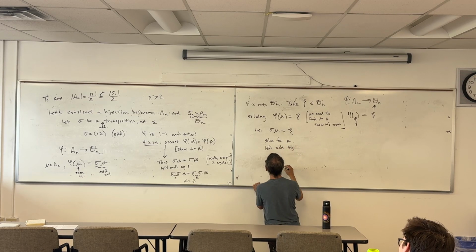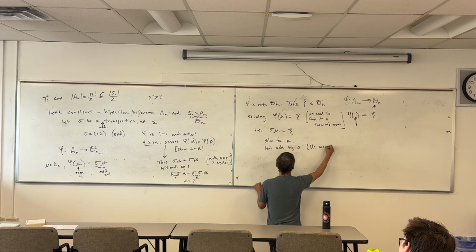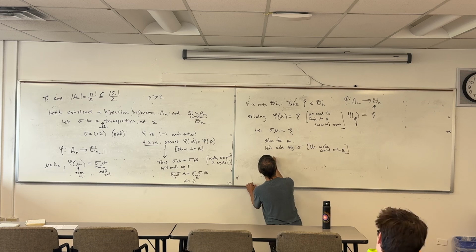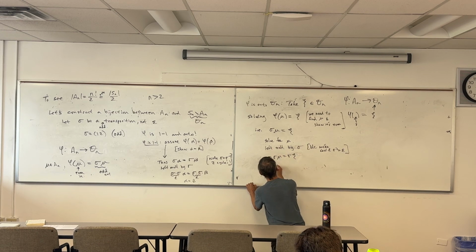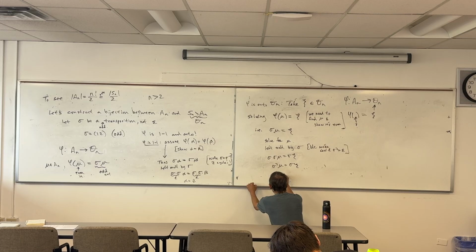Or yes, by sigma, because we're cool, and sigma squared is the identity. So what I get here is sigma mu equals sigma c, sigma squared mu equals sigma c, and mu then is sigma c.